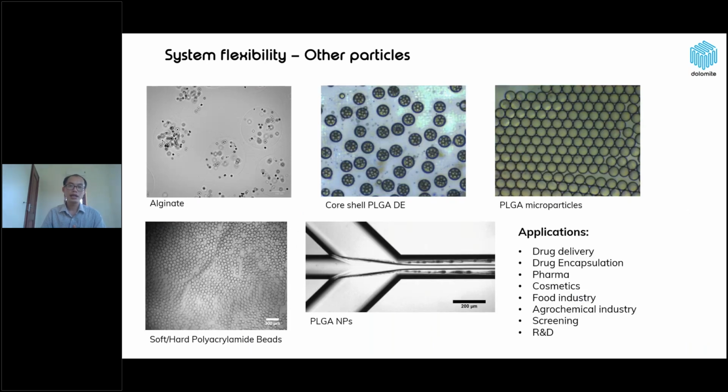And other particles can be generated with the same system, as we can do with the alginate core-cell, PLGA microparticles, as we already studied in previous webinars. We can make others like solvent-harsh polyacrylamide beads, or PLGA nanoparticles as well.